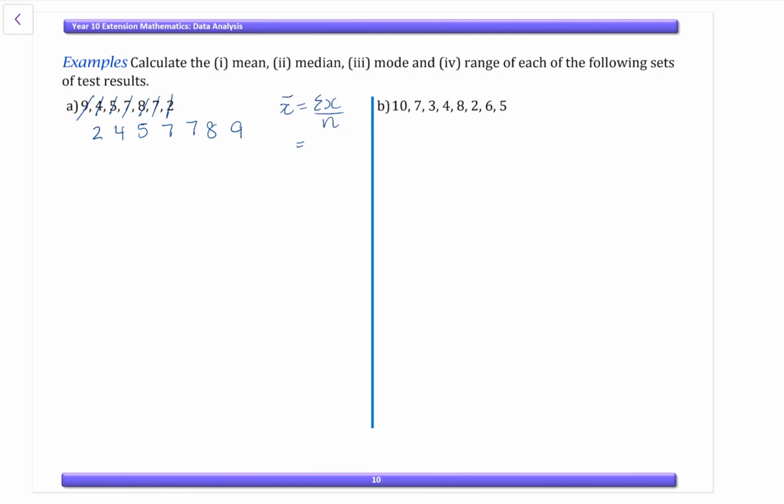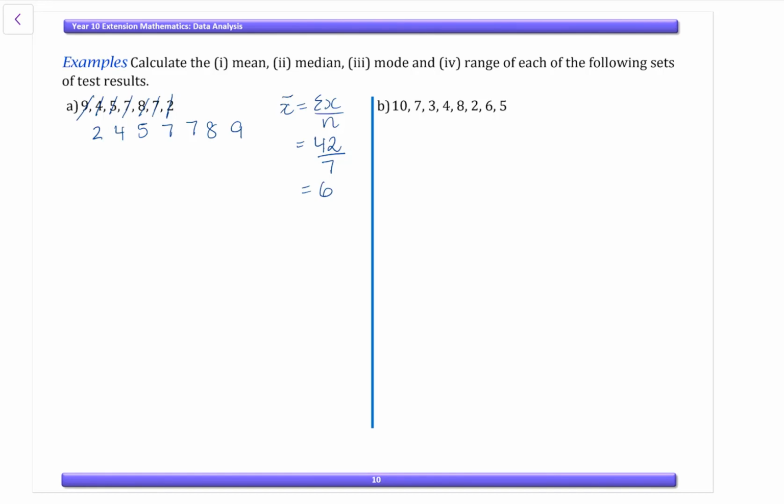So if I add all those scores up, 2 plus 4 plus 5 plus 7 plus 7 plus 8 plus 9, I get 42. And there are 1, 2, 3, 4, 5, 6, 7 scores. So 42 divided by 7 is 6. So that is my mean.